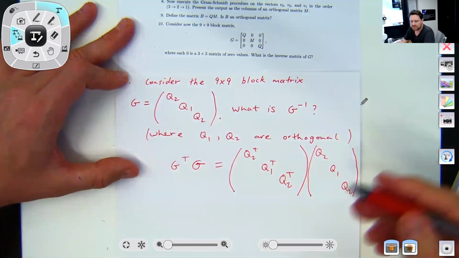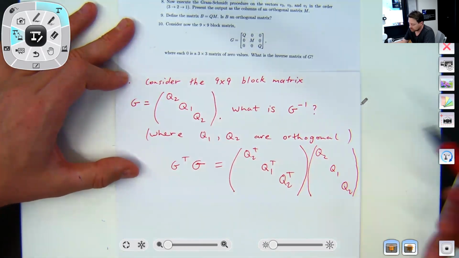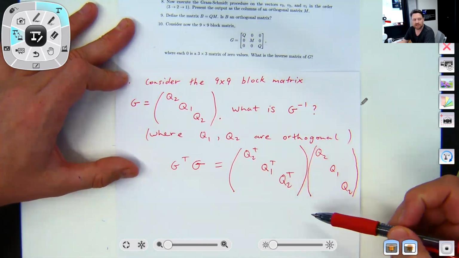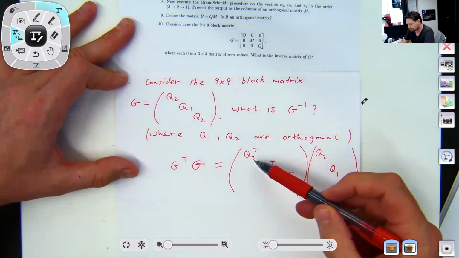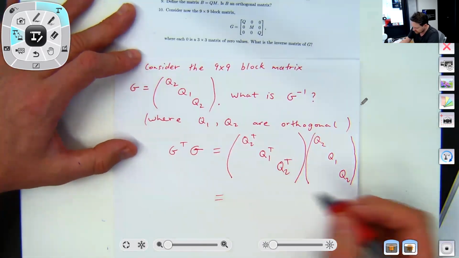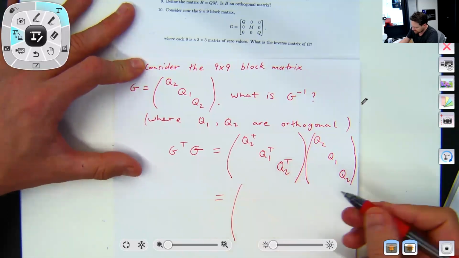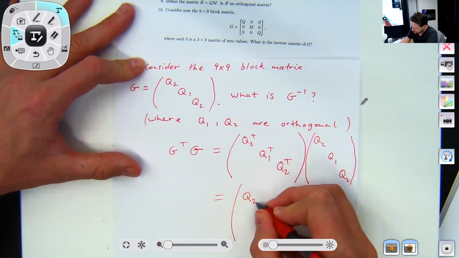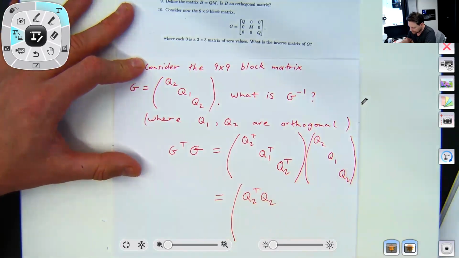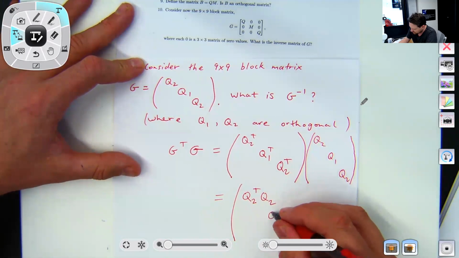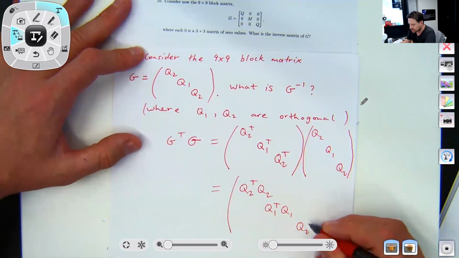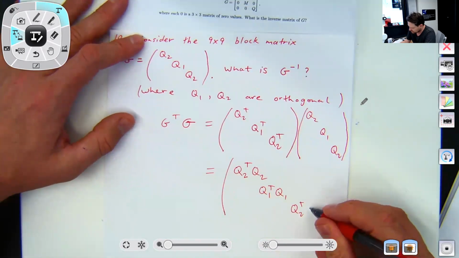Okay, good. And so now taking the product, we can just take the product as if these are 3 by 3 matrices. In other words, we can take the product of these two matrices here, even though they're 9 by 9, as Q2 transpose times Q2, and then we've got zeros, right? And then next in the diagonal, we have Q1 transpose times Q1, and then Q2 transpose times Q2.